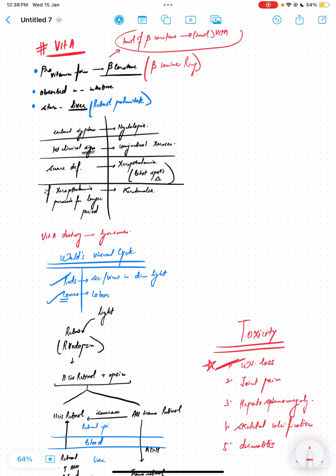The provitamin form is beta carotene, which has the beta ionone ring, so one molecule of beta carotene can give two molecules of vitamin A.